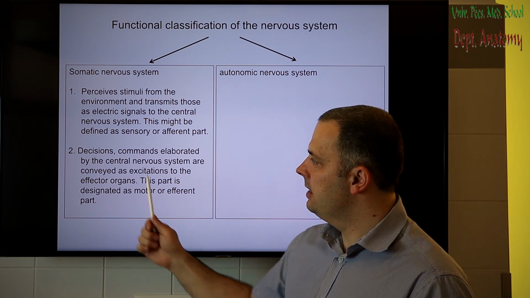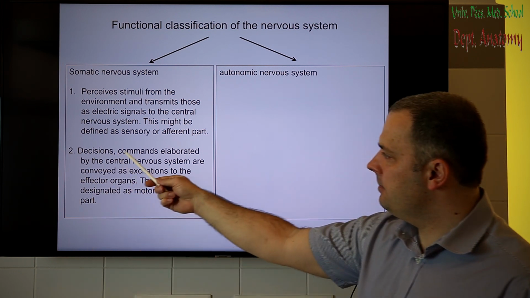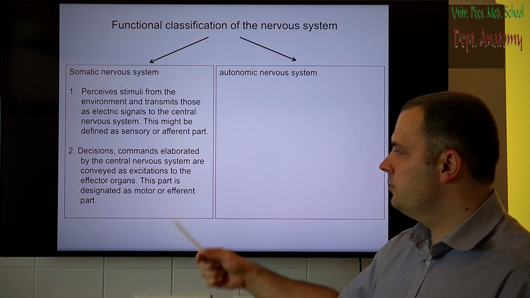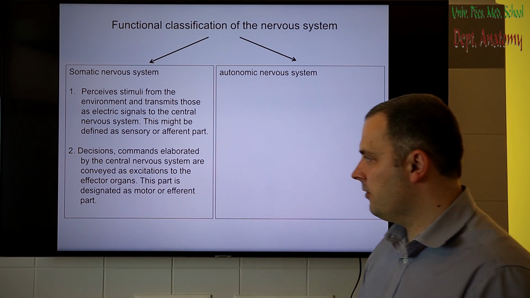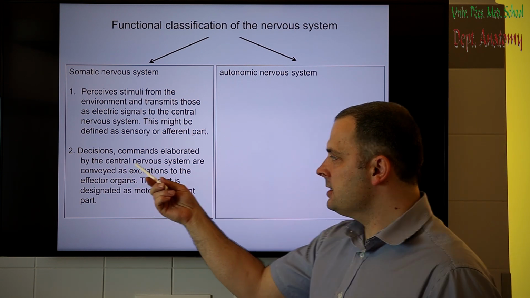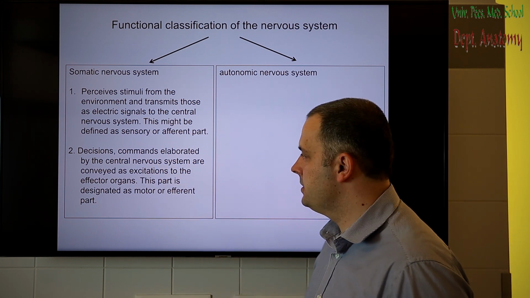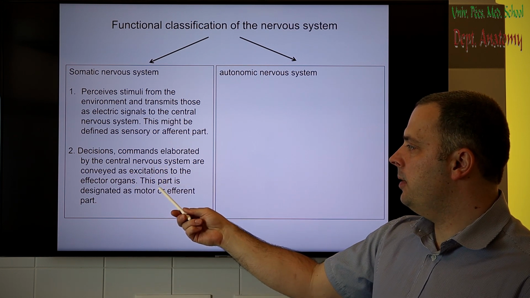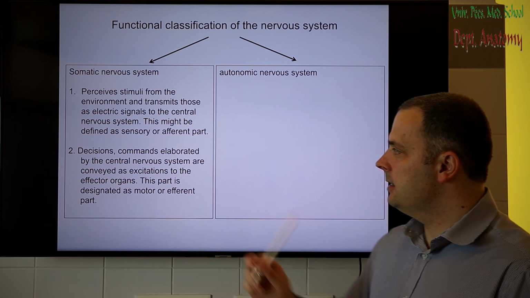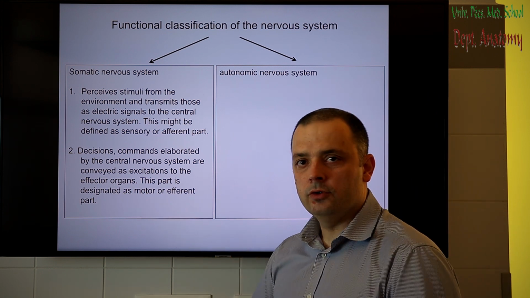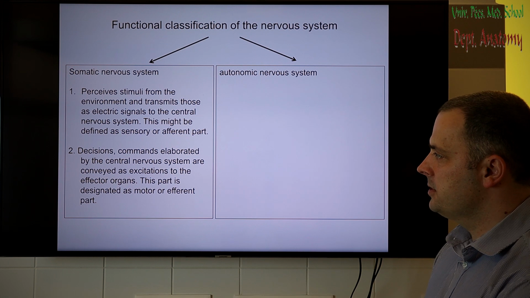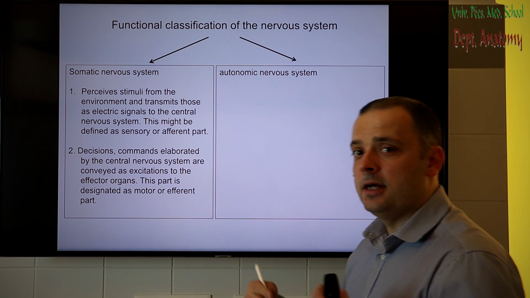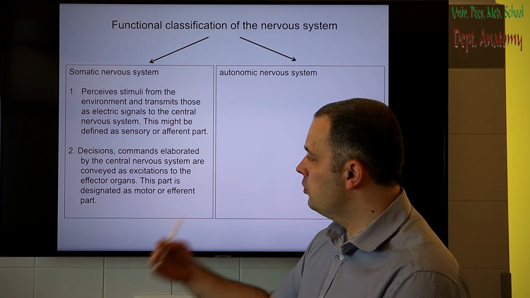And after this, we make a decision, and then this decision should be performed, and therefore the signal has to go now in the opposite direction. It has to reach the periphery, and this part is the efferent or motor part, which finally performs the function. It carries out the movement.